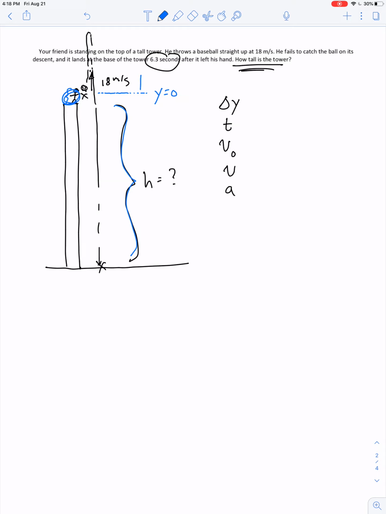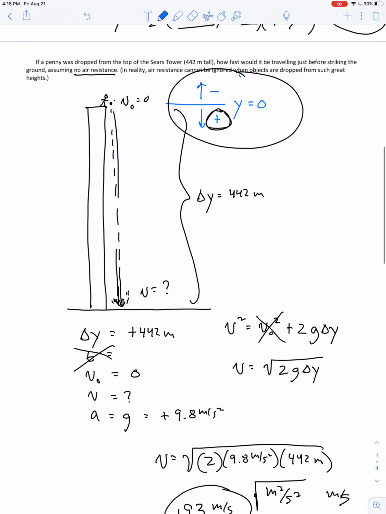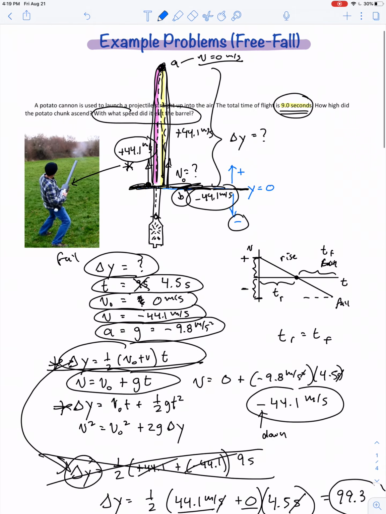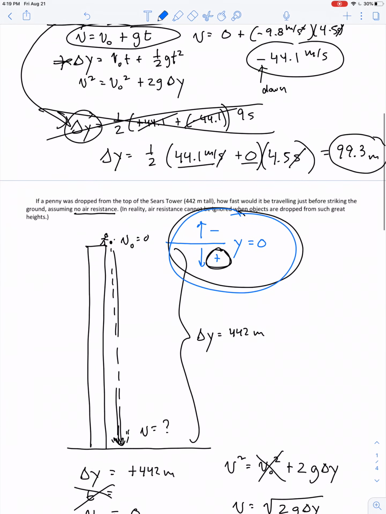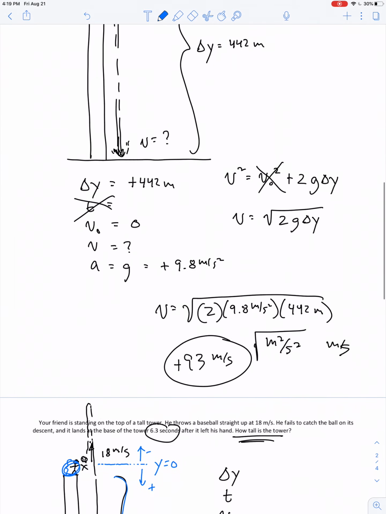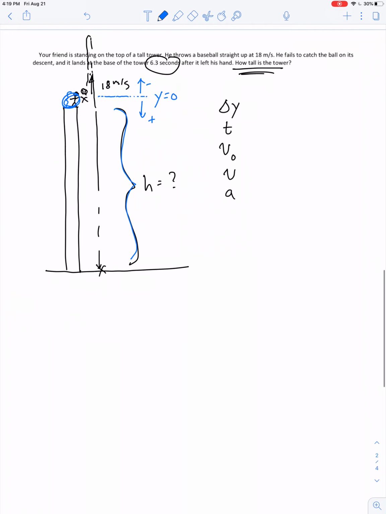So how about we say up is negative and down is positive, just like we did in the previous example, which was different than our frame of reference in our first example. So from one problem to the next, you can change how you select your frame of reference, just as long as you stay consistent with your choice within any given problem.